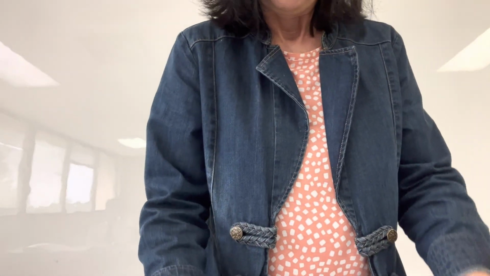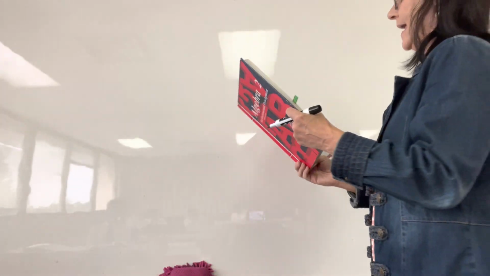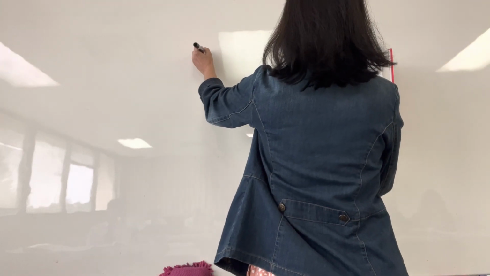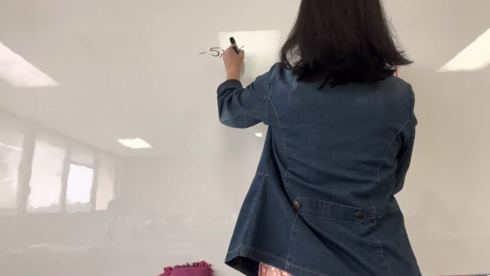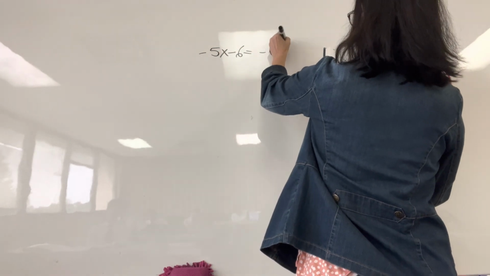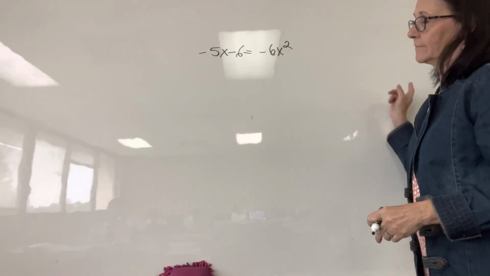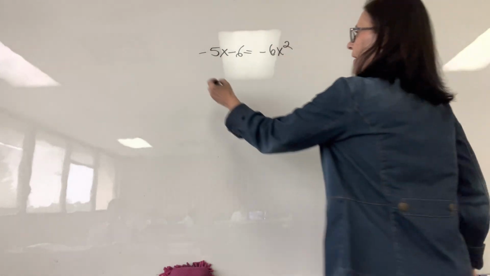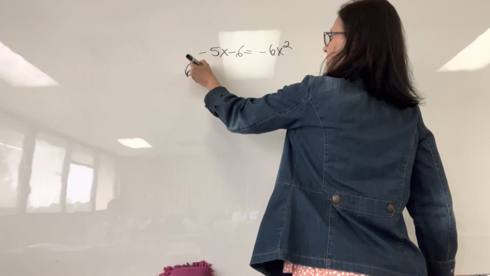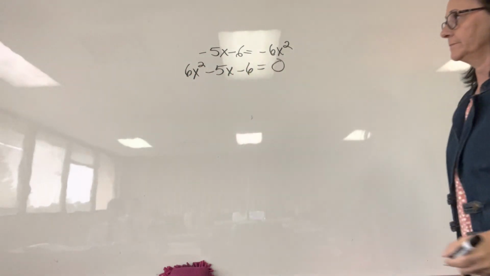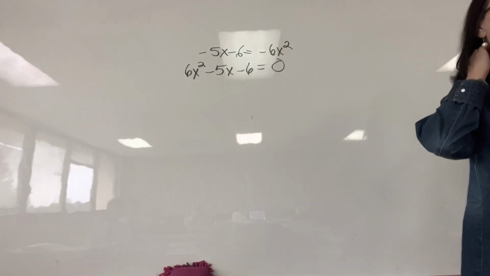All right, example 3. Now, actually, we have an equal sign, so we have to be solving. All right, so what must I do first? Move the -6x squared to the other side. Correct. It becomes positive 6x squared minus 5x minus 6 equals 0. All right, I'm looking for factors of what?